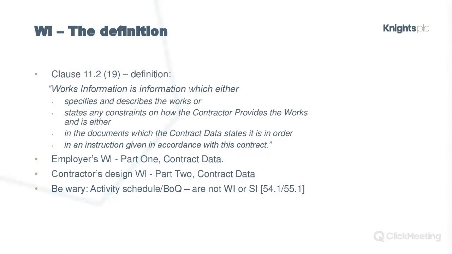Point here: be careful, because, as I've already said, the activity schedule and bill of quantities are not works information or site information. So if there's something in there that, for example, says, I as contractor, this is £3,000 for 3 boreholes or whatever, and the works information requires more work than that, then the works information is the work that has to be carried out.